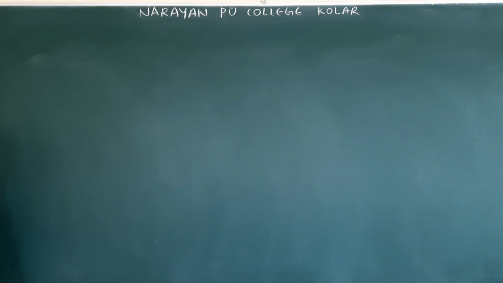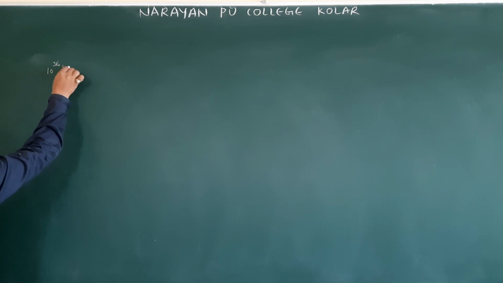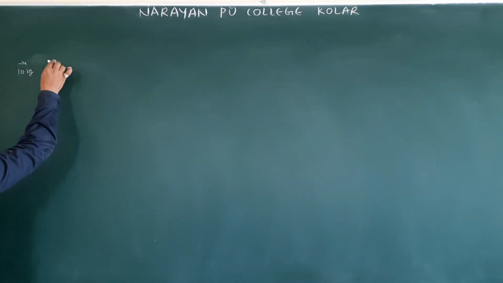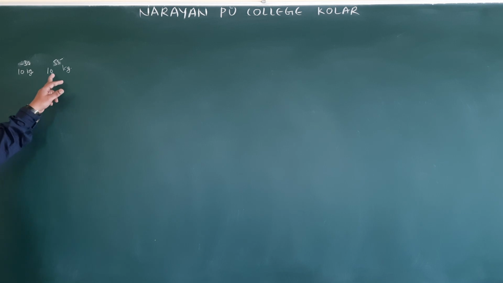Next, range of masses and range of distances. From Fermi like that, from where to where. Range of mass: 10 power minus 30 to 10 power 55 kg, which means the universe.